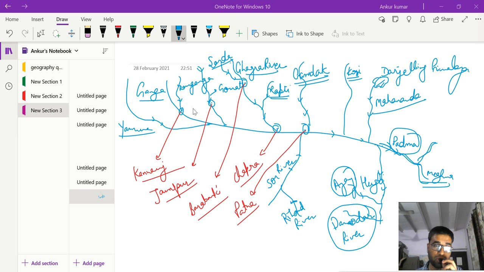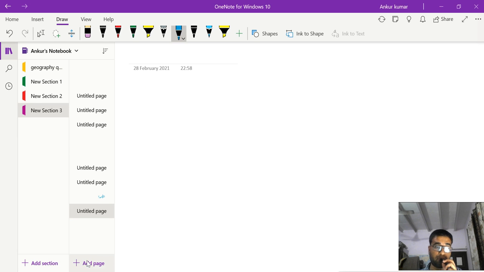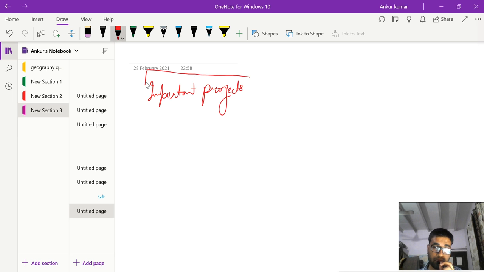So we have done the tributaries of the Yamuna River and the Ganga River. Now moving on to the next part, that is the important projects. The one important project in the upper reaches is the Tehri Dam.